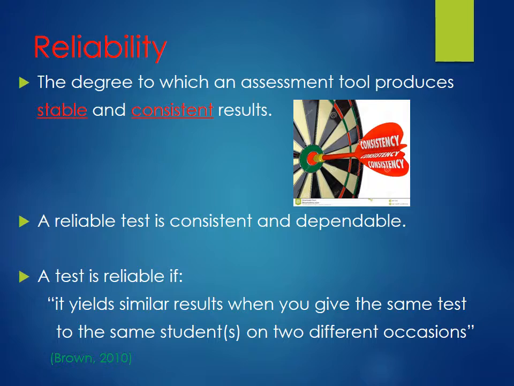The next one, reliability. This has to do with the degree to which an assessment tool produces stable and consistent results. So what this means is, will the same student get the same results on 2 different occasions?